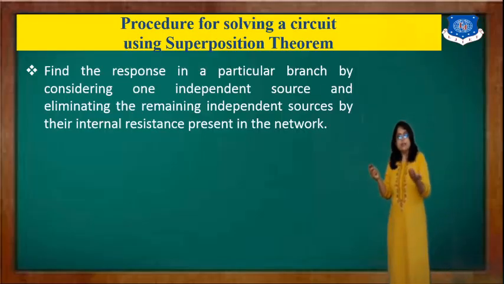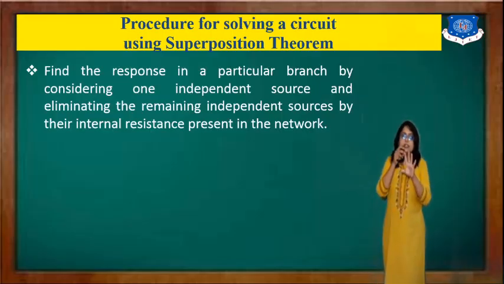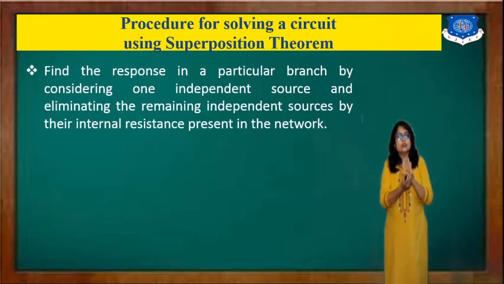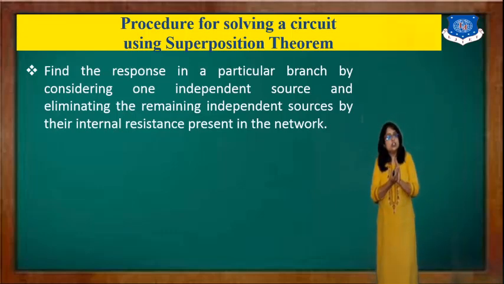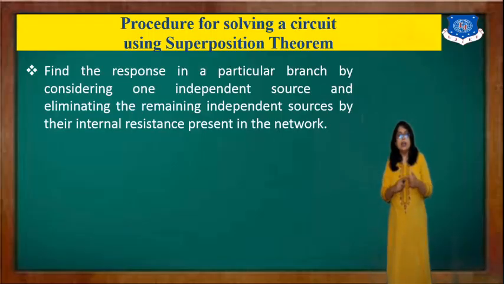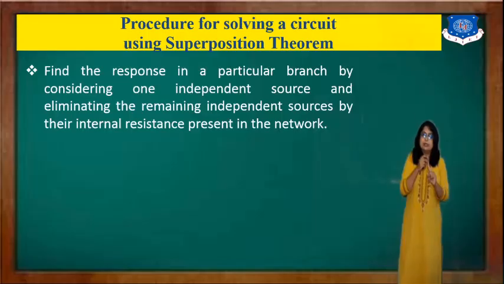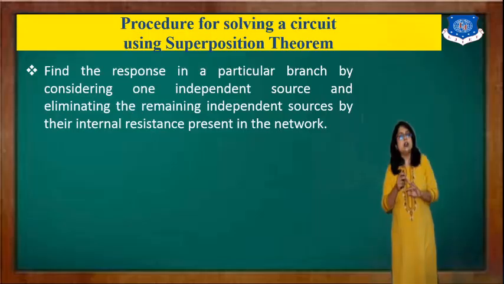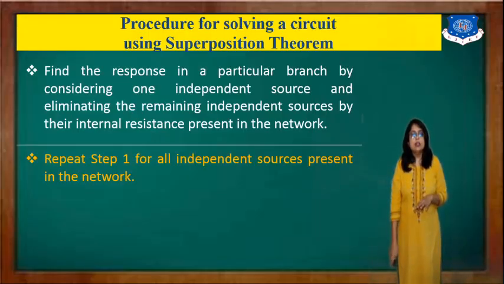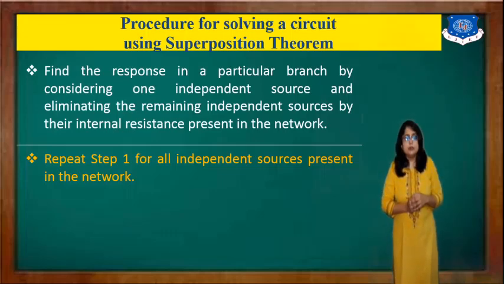If I have 5 voltage sources, I consider 1 voltage source at a time, and the remaining 4 voltage sources are replaced by short circuits. And if any current source is there, we replace that current source by an open circuit. So remember this key point: other voltage sources are replaced by a short circuit, and other current sources are replaced by an open circuit.